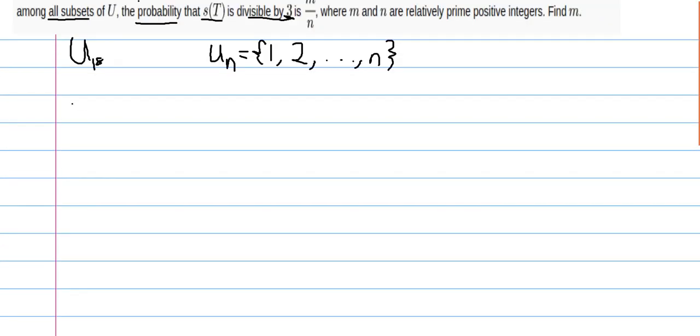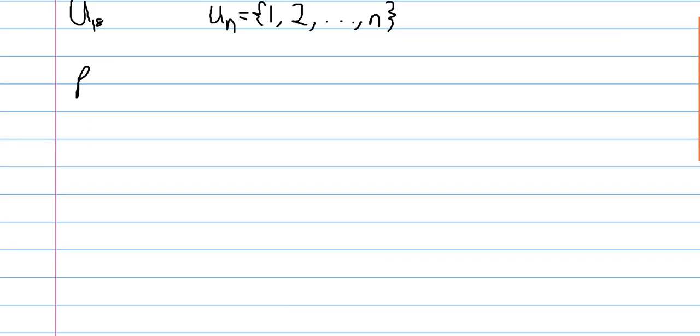So I will define P0, P1, and P2, where P sub k is equal to the probability that S of t is congruent to k mod 3.